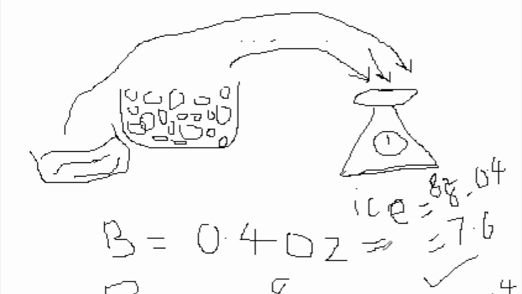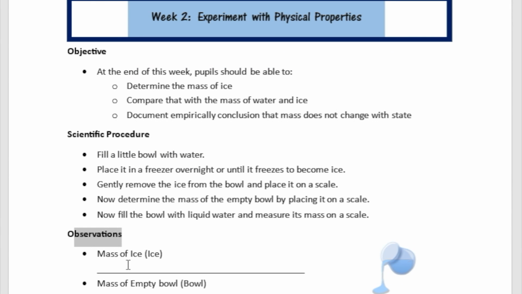Can you see that? What does that tell us? The mass of an object does not change regardless of its state. So that is our little experiment. You're going to document the mass of your ice, the mass of the empty bowl, the mass of bowl plus water, and then the mass of water.